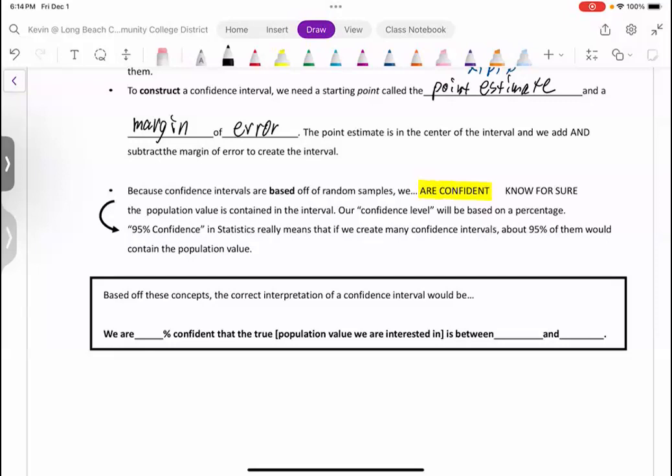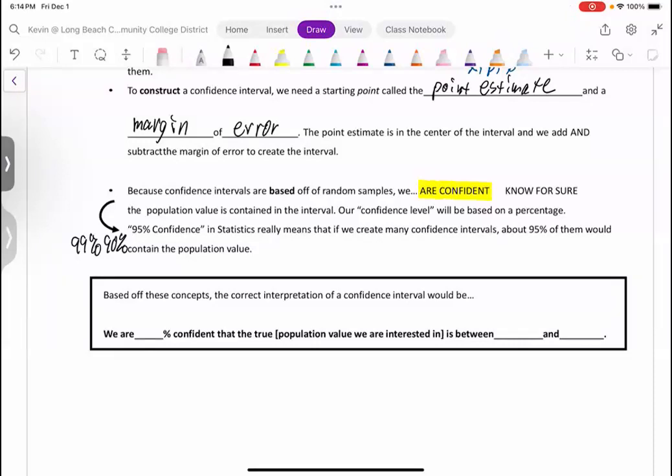Our confidence level will be based on a percentage. For our purposes, this is going to be given to us as a math problem. They'll tell us the confidence level. When you're really in the field, you'll have to decide what the best confidence level is for your specific experiment. So 95% confidence, we could put 99% confidence and 90%. These are the three most common ones.